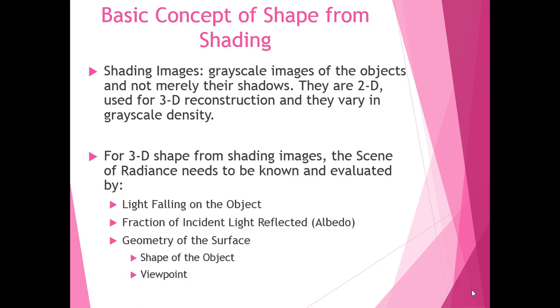This is also known as albedo. Finally, the third factor is the geometry of the surface, which again can be obtained from the shape of the object and the viewpoint. All this information is required to correctly obtain the three-dimensional shape from the two-dimensional shading images of the objects.